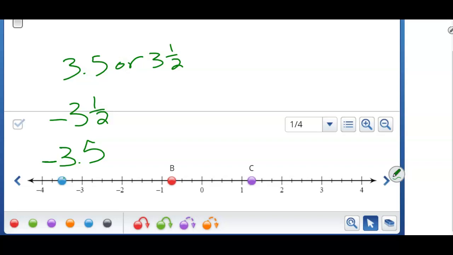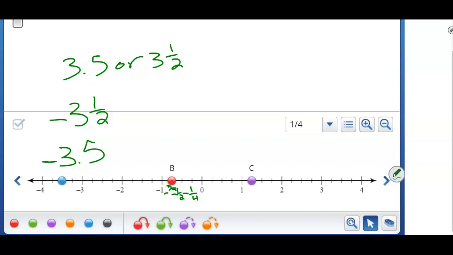Ask yourself, what is it broken up into between 0 and 1 or 0 and negative 1? Fourths. So this right here would be negative 1/4, this would be negative 1/2, this is negative 3/4. Then you have negative 1.